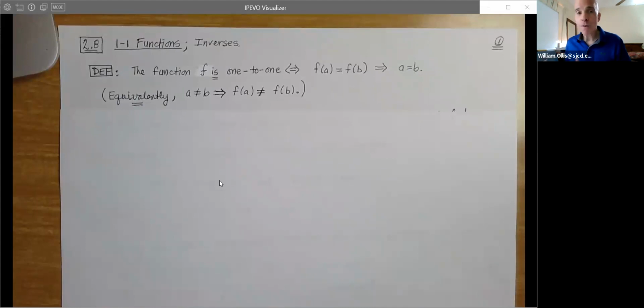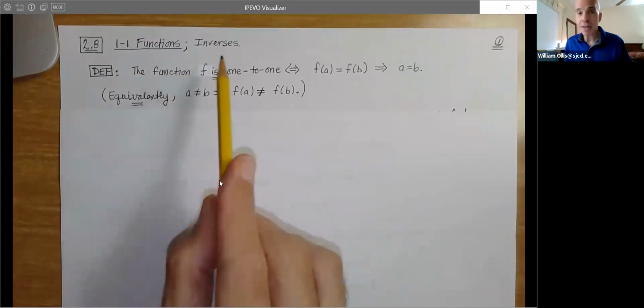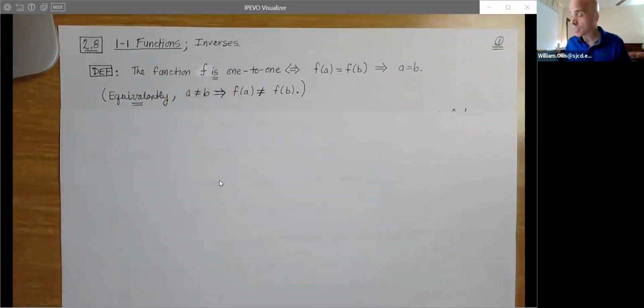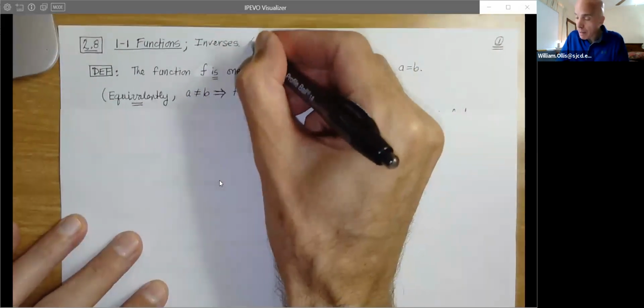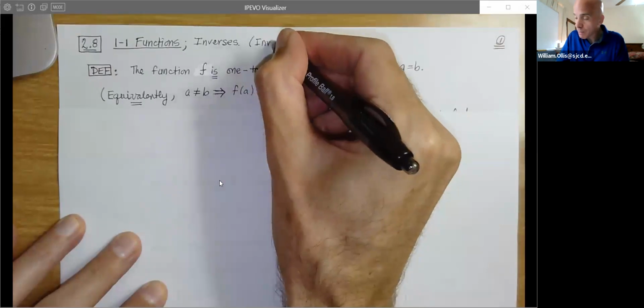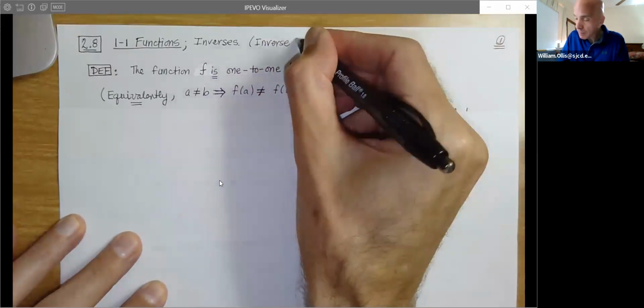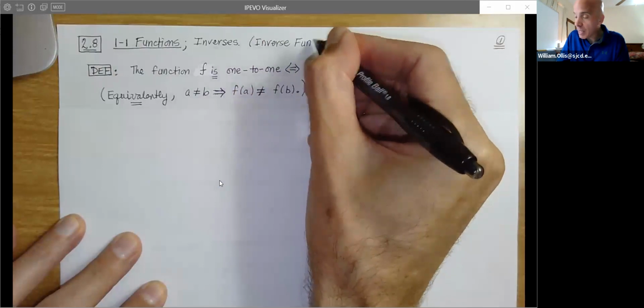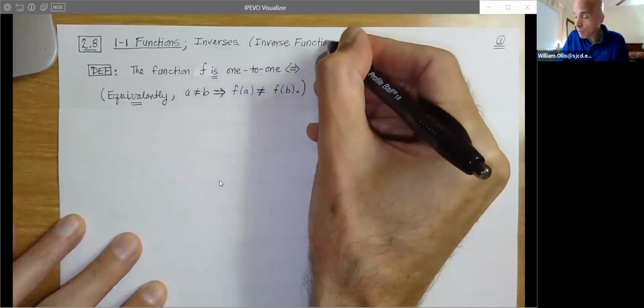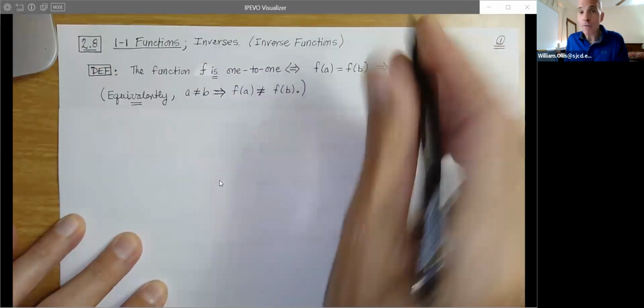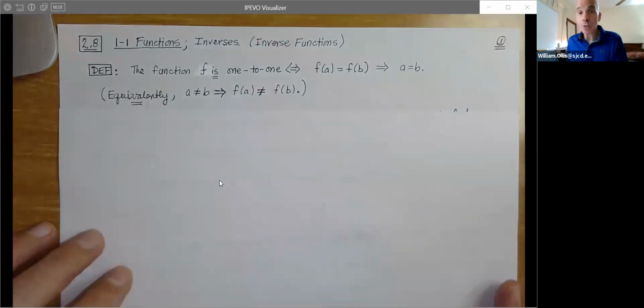Now, what I want to focus on is first the one-to-one, and notice here I have inverses, and that's going to mean inverse functions. So inverse functions. And these, like the even and odd functions that we talked about at the last class, are very, very useful.